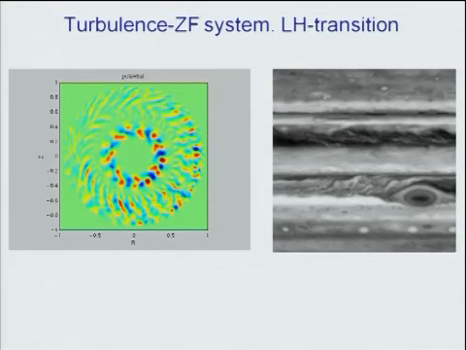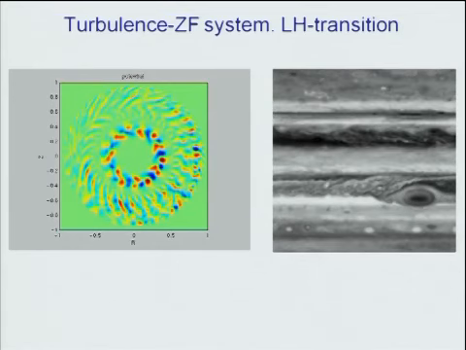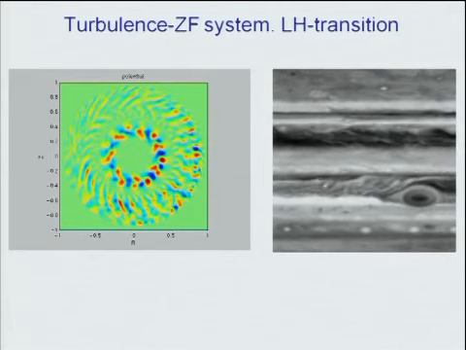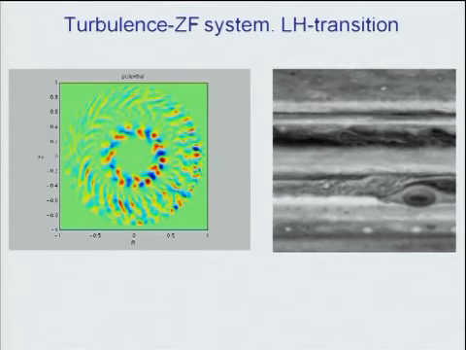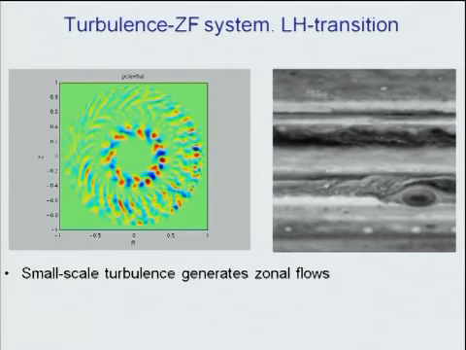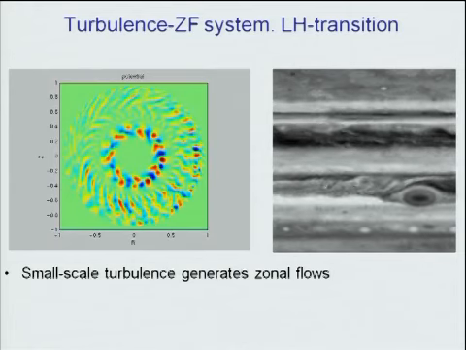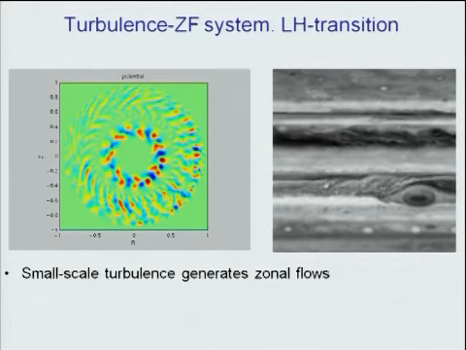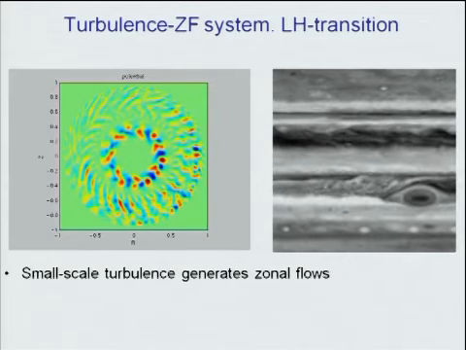So zonal flows are typical, obviously, for both systems. They are very prominent on giant planets, for example, and in plasmas, as you all know. What is being discussed as a paradigm for LH transitions, of course, is that small scales generated by instability will then create zonal flows.